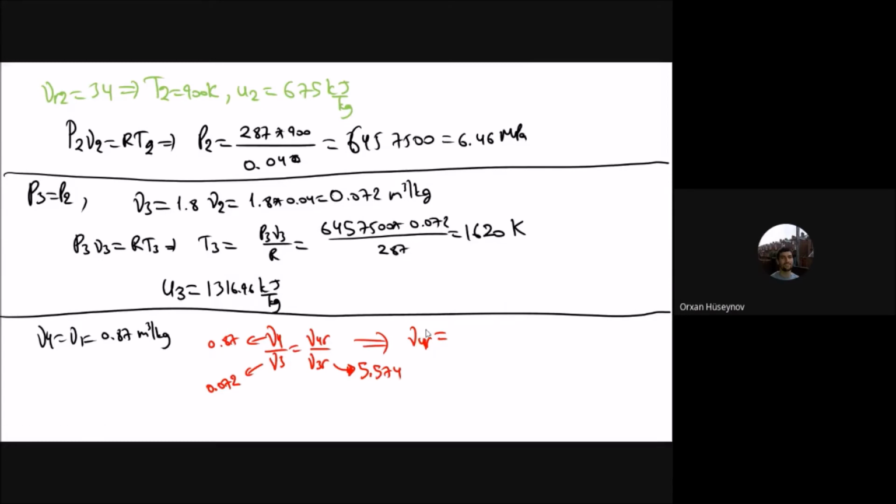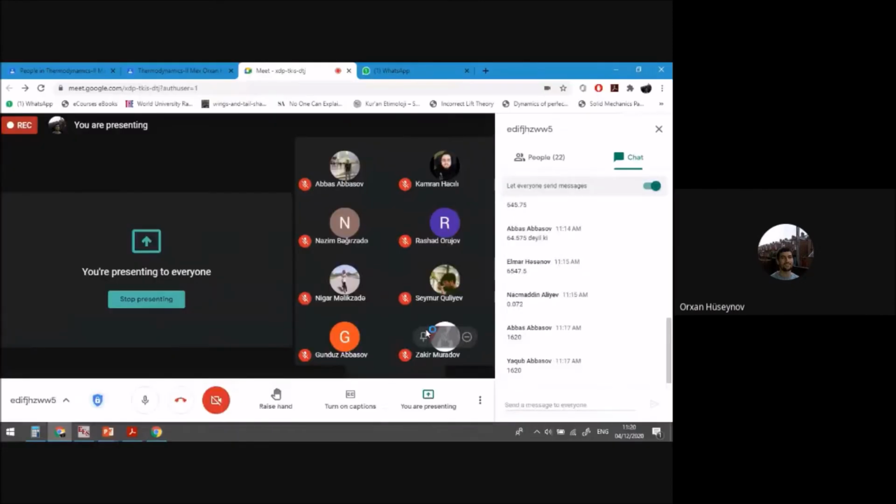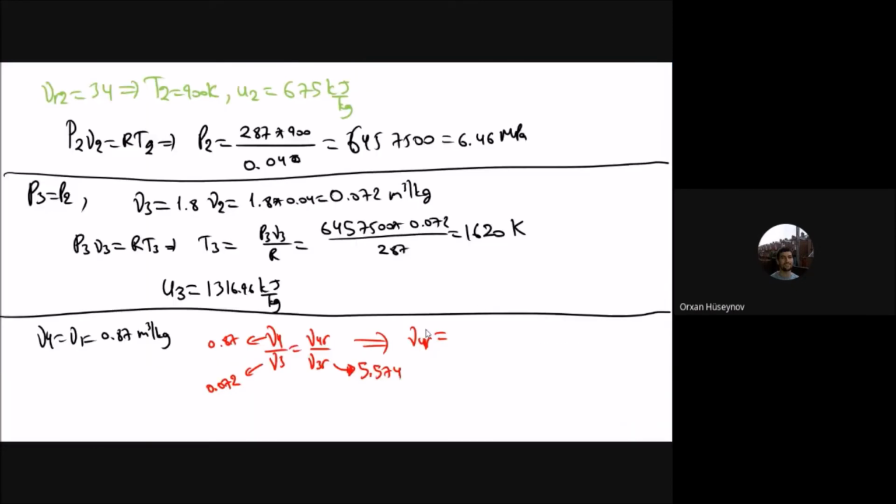Okay, nu4R, so that it is 67.35. Okay, so now I'm going back to the chart again, and using this value, I will find the temperature.